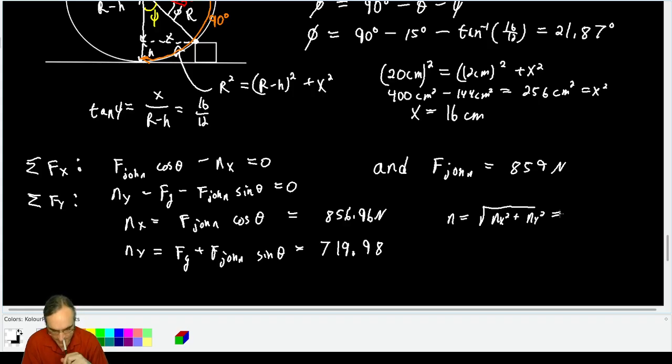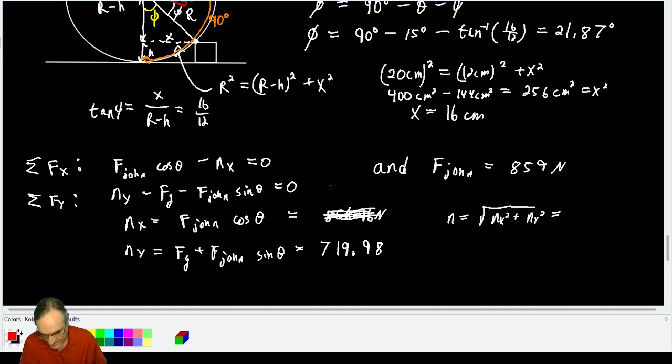This is not coming out quite what I expected. Let me see, which part is likely it? So 859, perfectly reasonable, times cosine of 15. Oops, that's what I did. I didn't use cosine 15. I used cosine of 21.87. This is theta. Theta is 15 degrees.